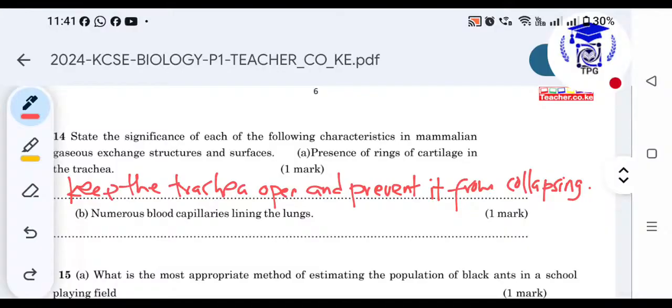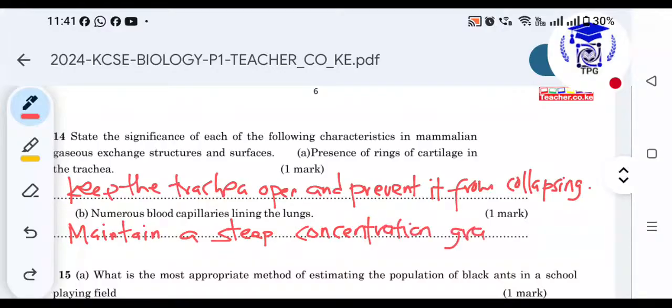Their importance is to maintain a steep concentration gradient.